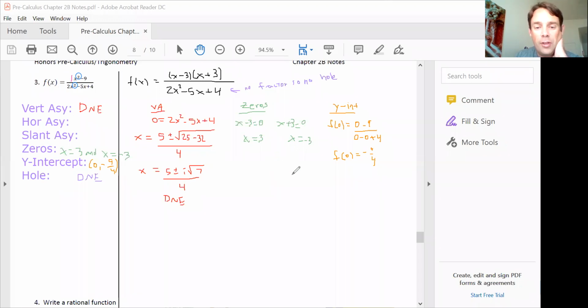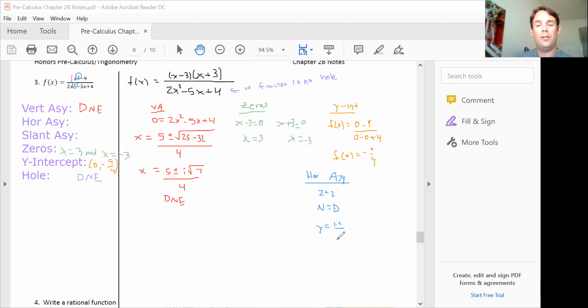But since they're the same, that means it's leading coefficient divided by leading coefficient. So what I mean by that is my degree on top is 2, my degree on the bottom is 2, so that means I'm dealing with the leading coefficients for my horizontal asymptote.